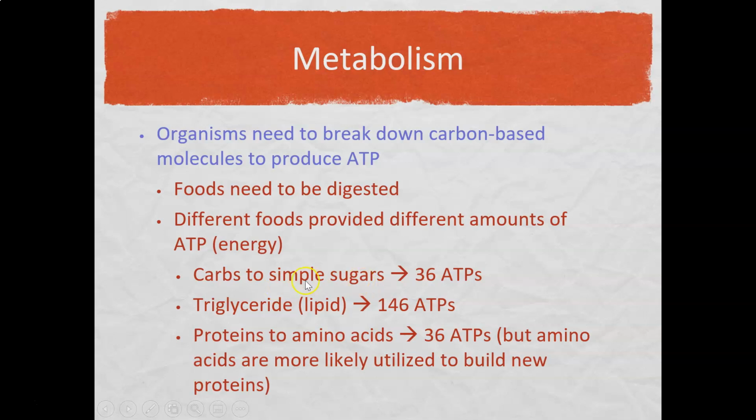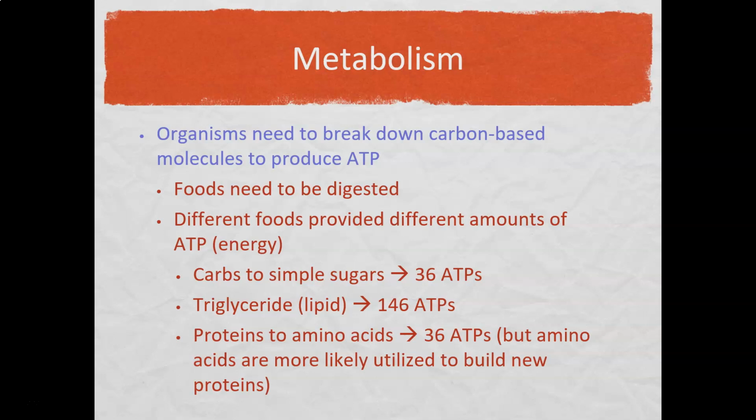The simple sugars, glucose. And when we look at the cellular respiration process using glucose, we net somewhere around 36 ATPs. And note that these are just estimates. Sometimes your cells are a little more efficient, and so they can produce a little bit more ATP than the numbers given here. Sometimes they're a little less efficient, and so the numbers could be a little lower.